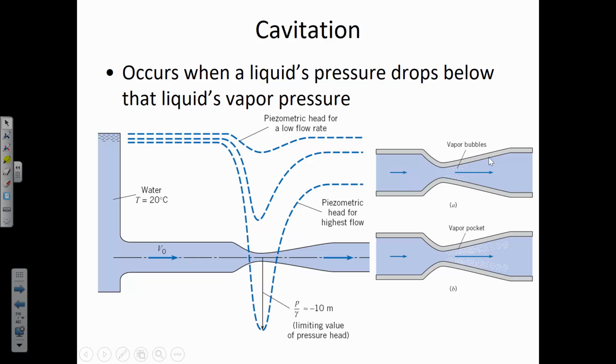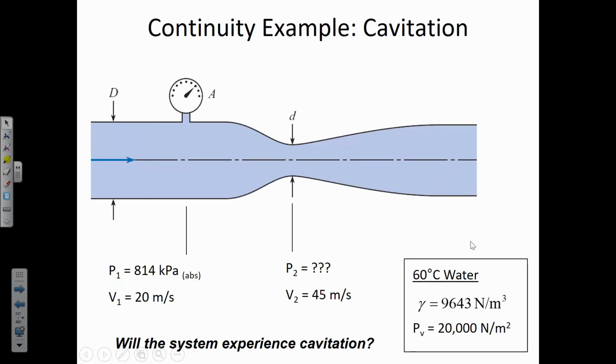The main idea to keep in mind is that the risk factor is when the liquid pressure falls below the vapor pressure of the fluid. If the liquid pressure is less than the vapor pressure, then cavitation can occur. Cavitation is these little bubbles. They're not air bubbles, they're liquid vapor bubbles that will collapse and send a shock wave through the system.